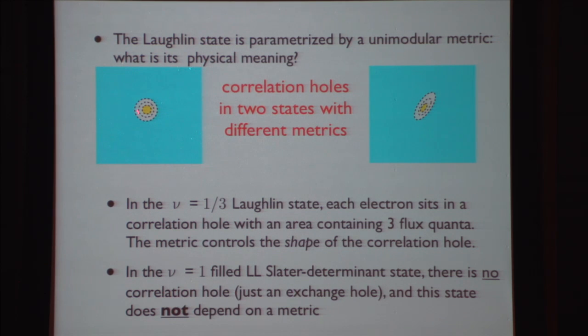What it does, the Laughlin as opposed to the filled Landau level state, is a correlated state where each electron is surrounded by a correlation hole. And in fact, that's the inspiration of the notion of flux attachment. The Laughlin state has a 1/3 filling, has 3 empty states attached to each particle.